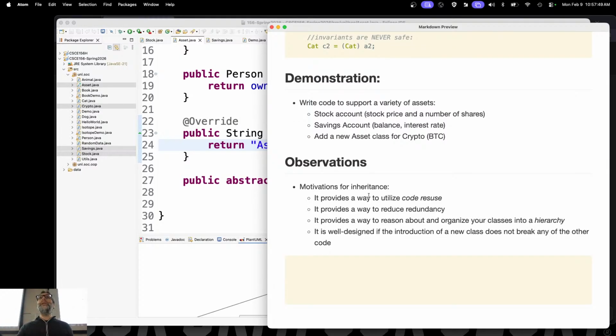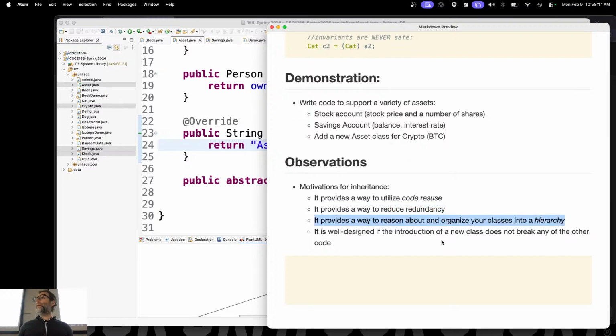I would have had to repeat owner, and getOwner, in each class, and anytime I created a brand new class, I would have to add all that stuff in again. But using inheritance, I don't have to. I have code reuse. It provides a way to reduce redundancy because, if I had done it, I would have had a redundant owner across multiple classes. I'm only locating it now in one superclass.